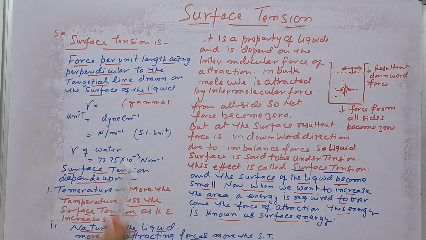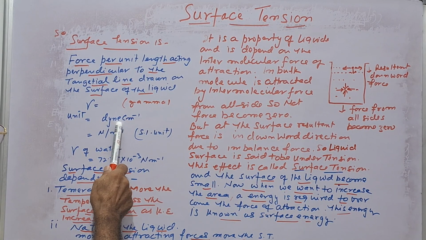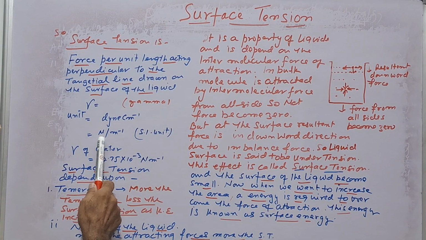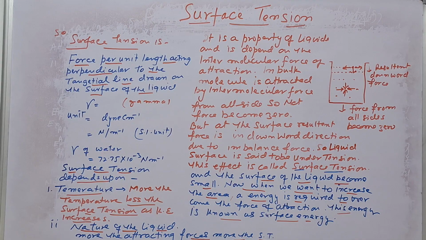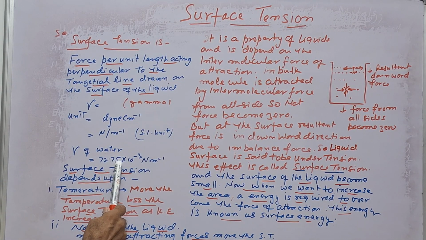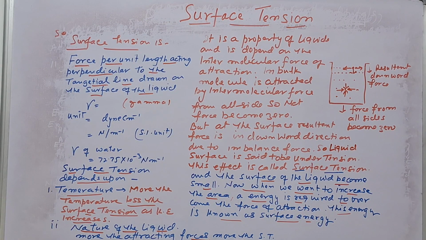Now the unit, as we know it is a force, so in CGS it is dyne per centimeter, in SI unit it is Newton per meter, and in the case of water it is 72.75 into 10 power minus 3 Newton per meter.